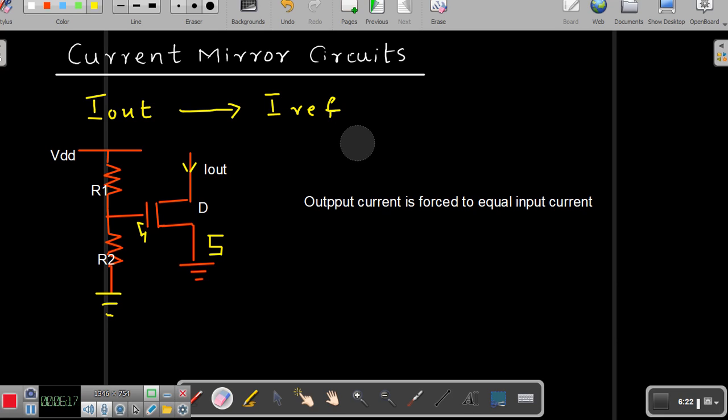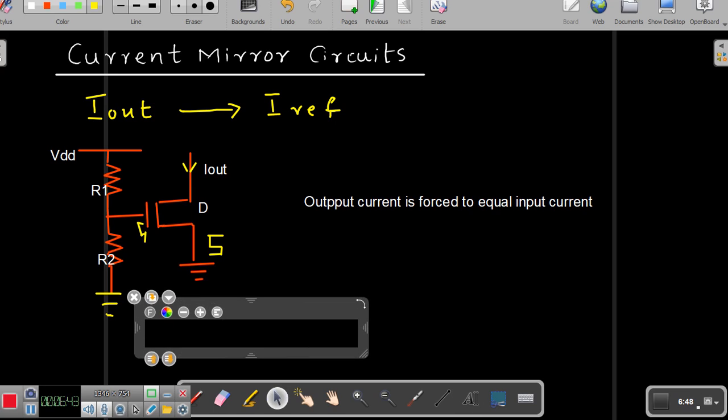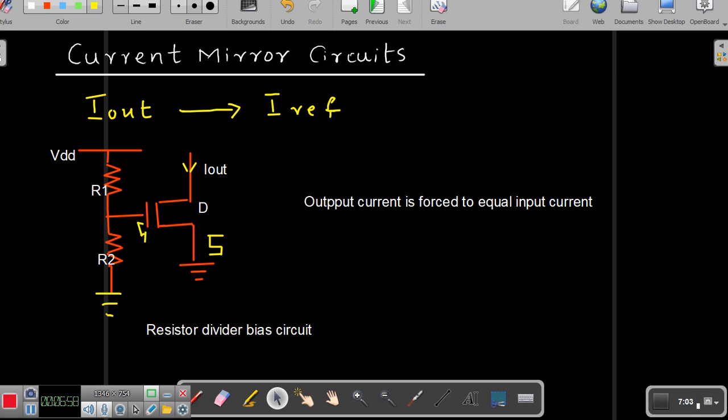Now, the next question is why the output current is to be forced to equal the input current. This is where the basic aspects of your MOS differential pair come into the picture. This circuit here, whatever I have used, is called the resistor divider bias circuit.